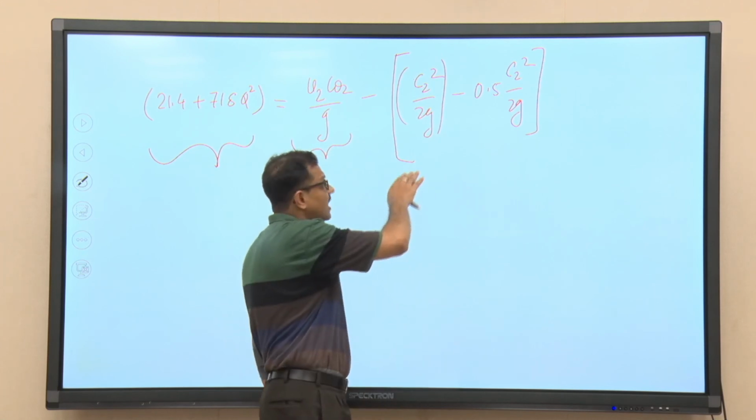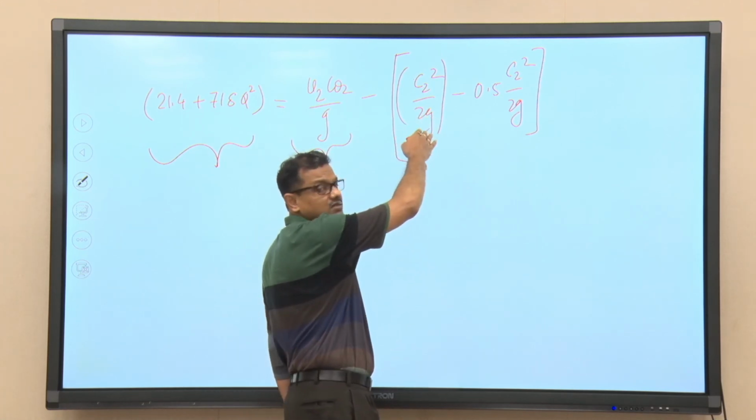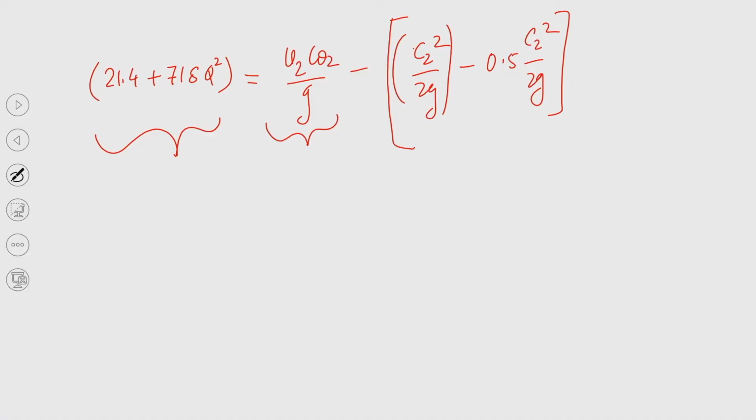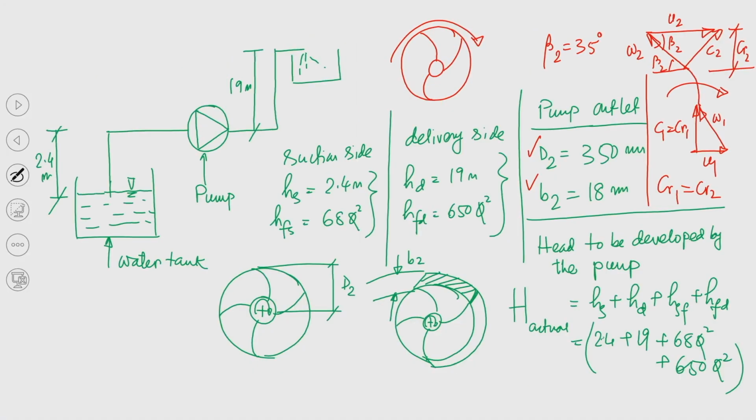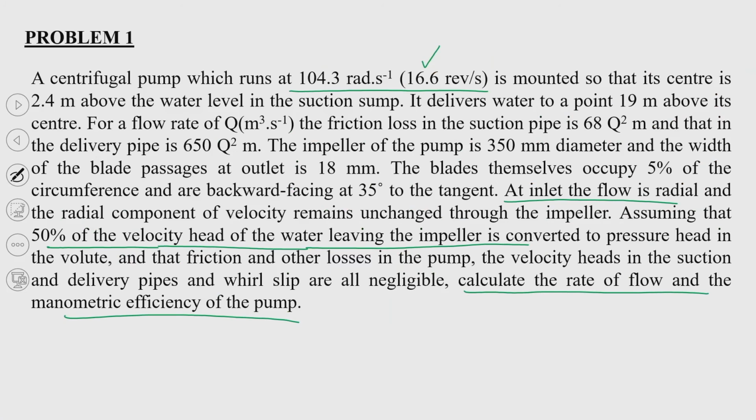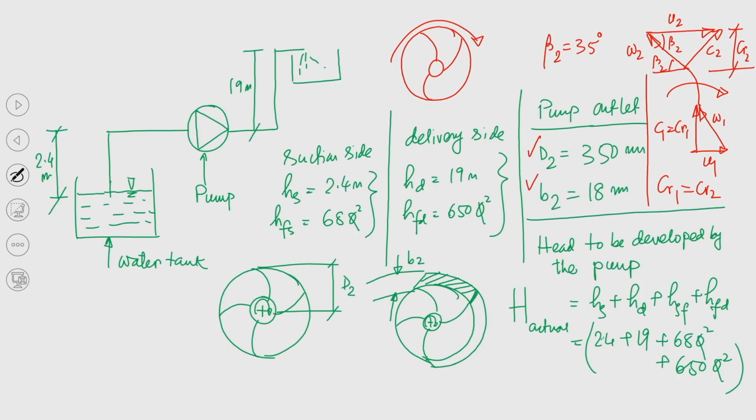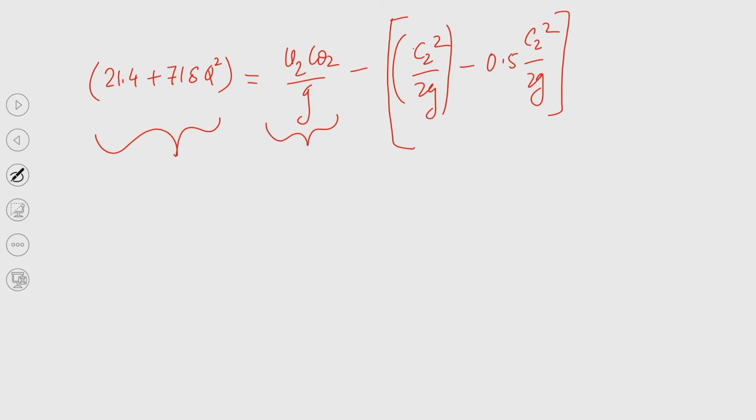Now, it is given that though this is the leaving loss, only 50% is recovered. If we go to the problem statement, 50% of the velocity of water leaving the impeller is converted to pressure head. That means we will be taking only 0.5 C2 square by 2g. I could have written straight away minus 0.5 C2 square by 2g, but only to make you understand that this is the leaving loss.